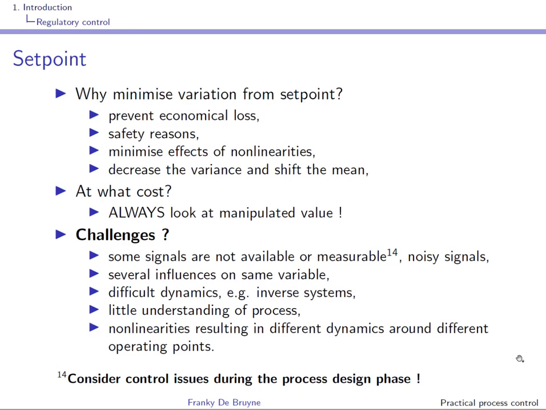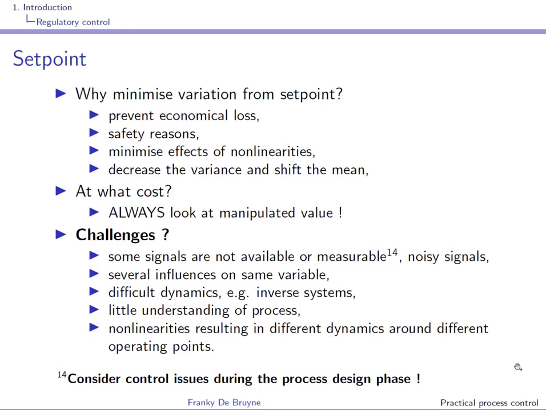Sometimes the signals are noisy, so filtering offers a solution, or sometimes the sensors are badly located, so they will produce a dead time. So you should always look at the location of the sensors during the process design phase.